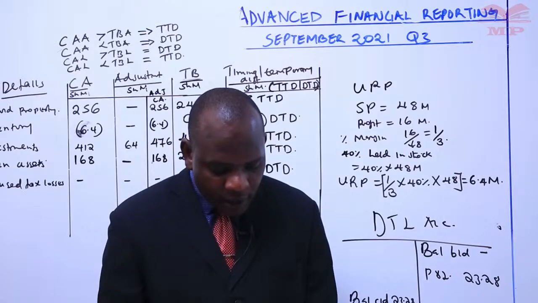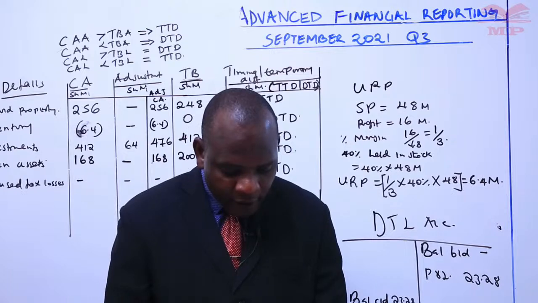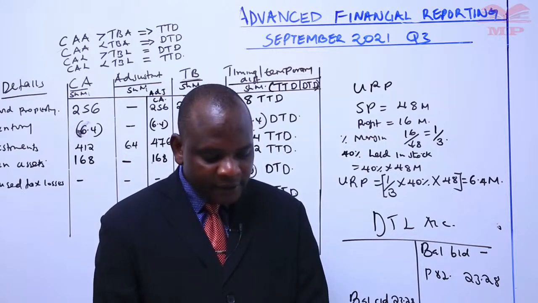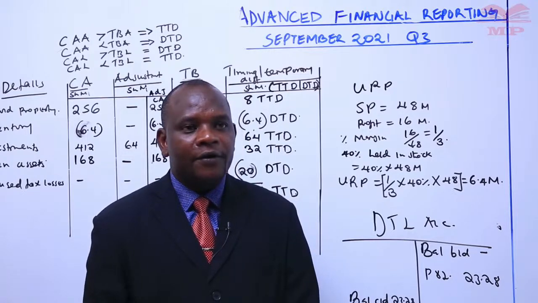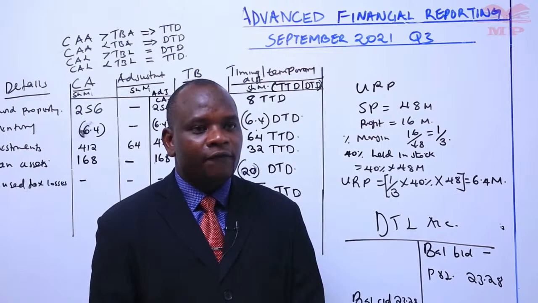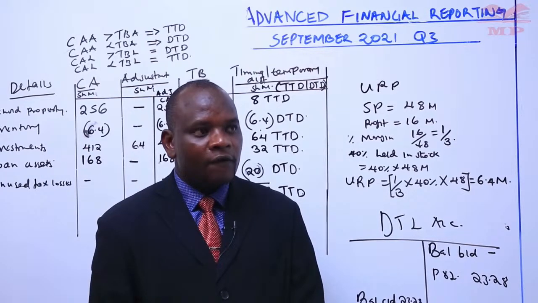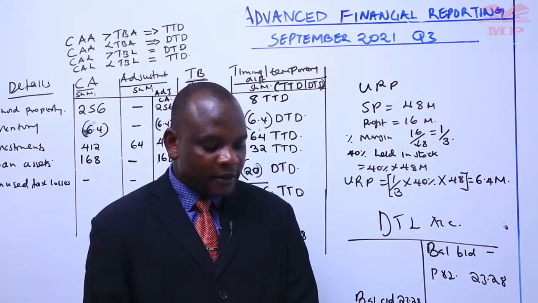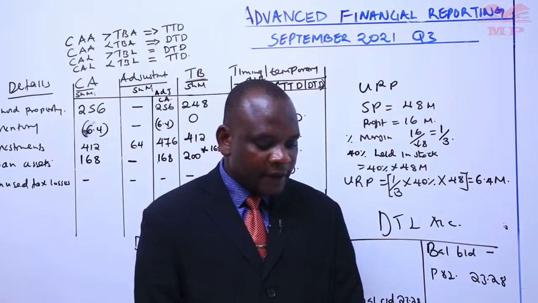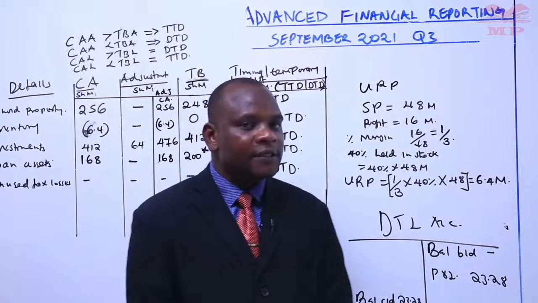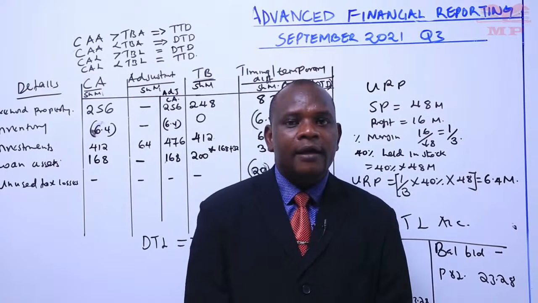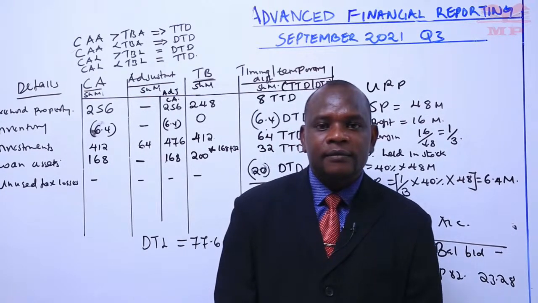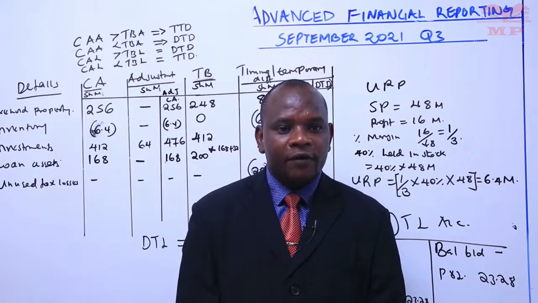Now, before I proceed, what are share-based transactions? Share-based transactions, according to IFRS 2, are transactions which are based on the fair value of the shares at a given time period. We have equity settled share-based transactions, where the transaction is based on the fair value of the equity shares.